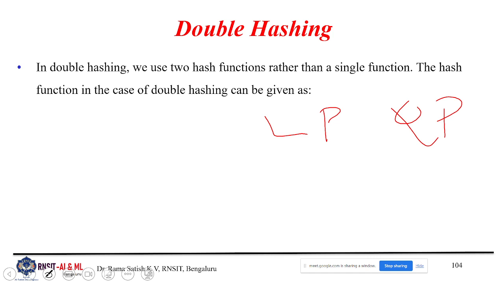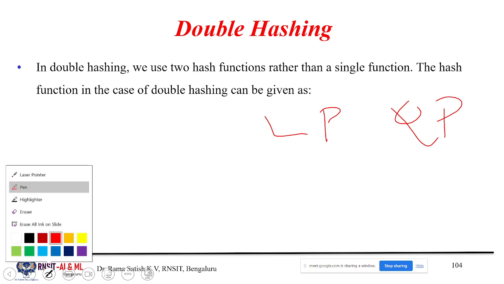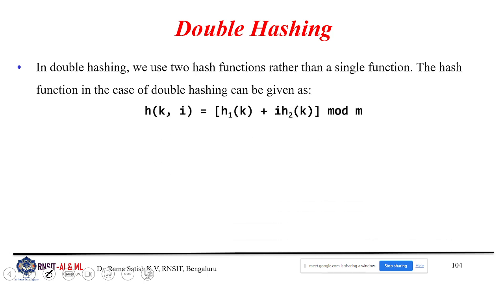Now we have two hash functions rather than a single function. The hash function in double hashing is given like this: h1 of k plus i into h2 of k. h1 of k will work, and h2 of k will work only in case of collision.